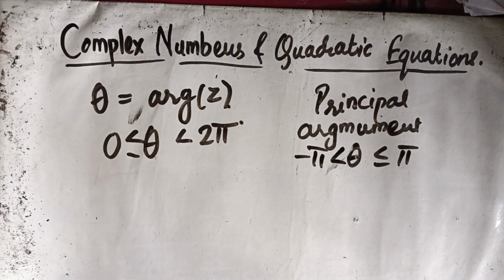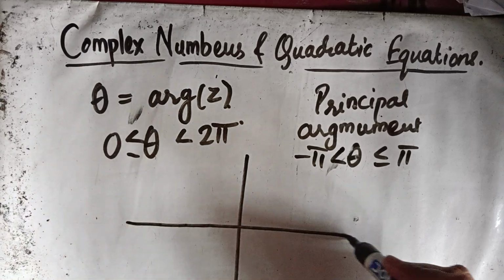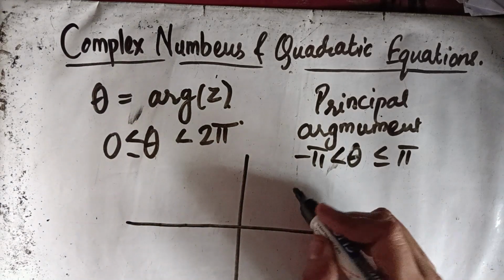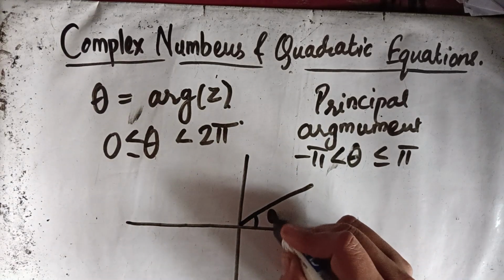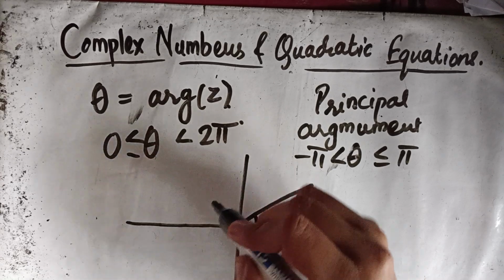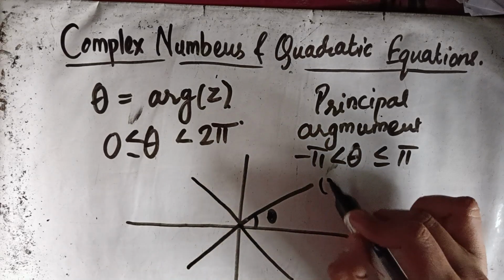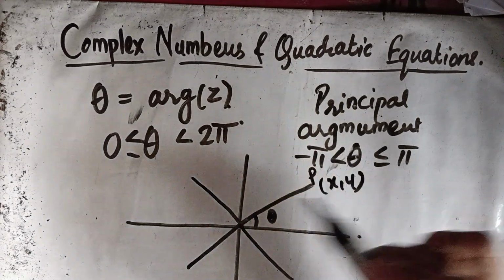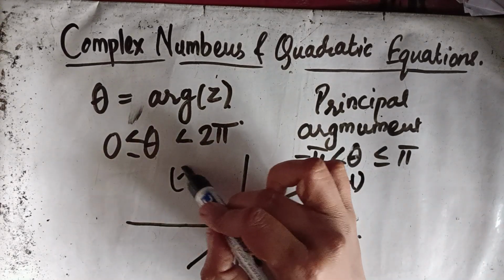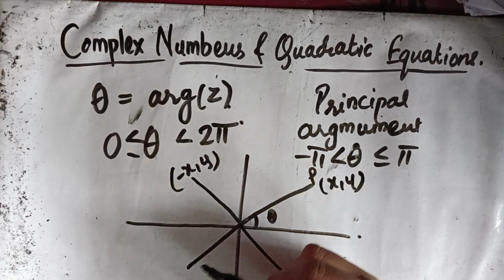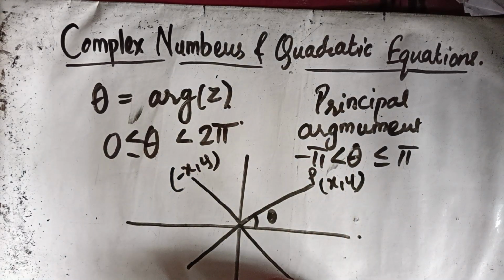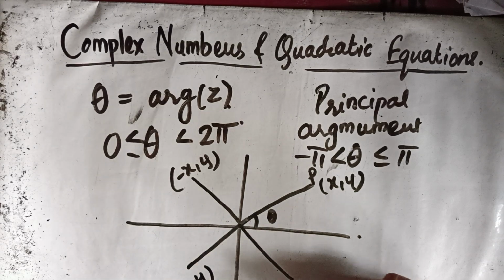Okay, and this is represented by, suppose this is theta, this is your x comma y. Okay, here minus x comma y, both are minus, and here x comma minus y.